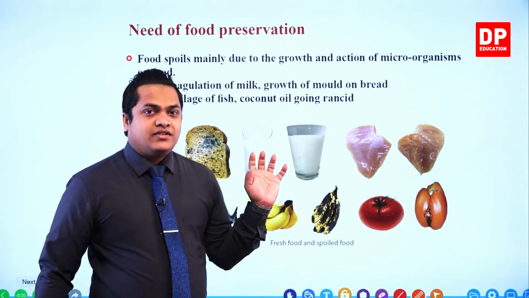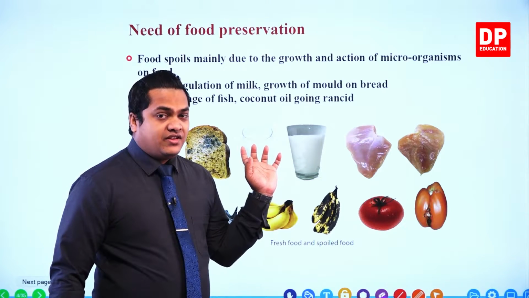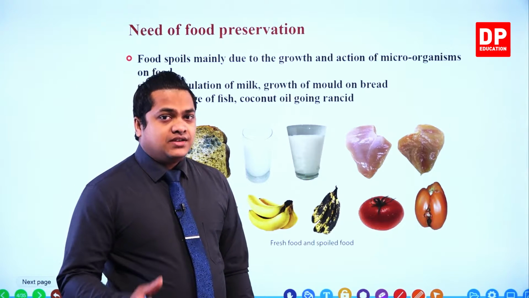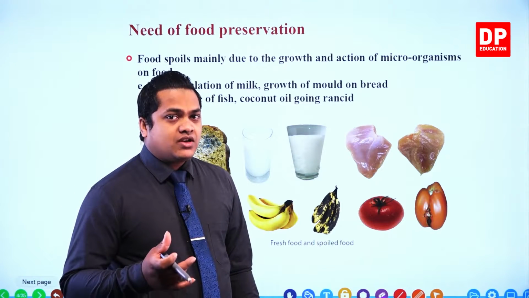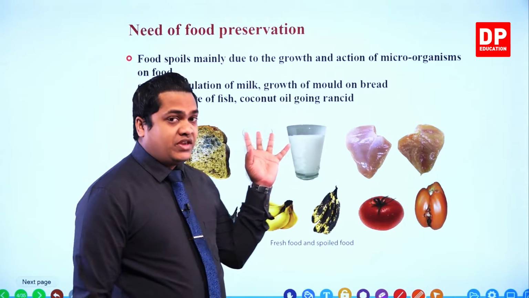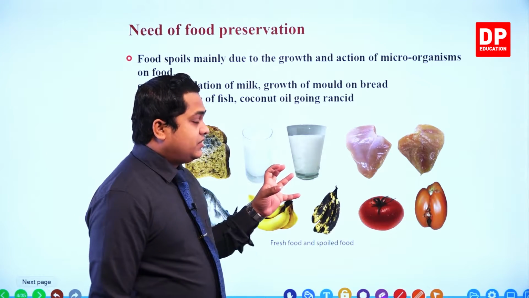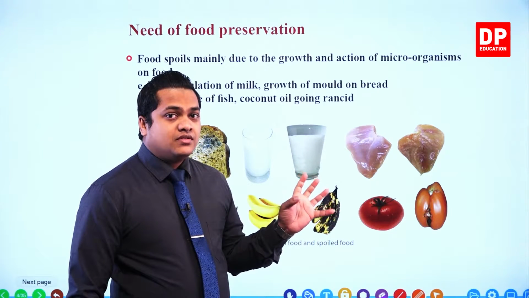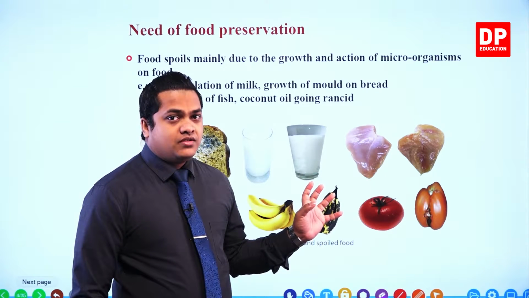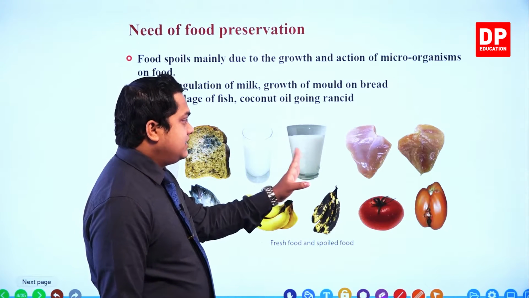But if you check the second one, it has a pale yellow color, related to brownish. By just looking at it, you can see that it's going to be terrible. Even if you keep it near your nose, you won't be able to breathe, because a very bad odor comes out. So this is the difference between fresh milk and spoiled milk.